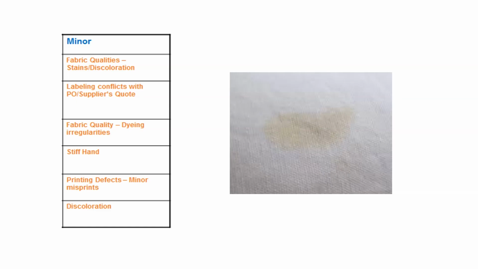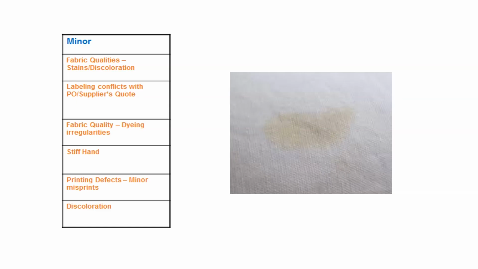You can still use this product, but some people may not purchase material where there is a stain or some discoloration. Any kind of dyeing irregularities, any kind of hand problem, any kind of printing defect, all these come under this category of defects.